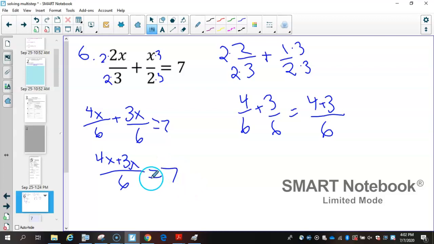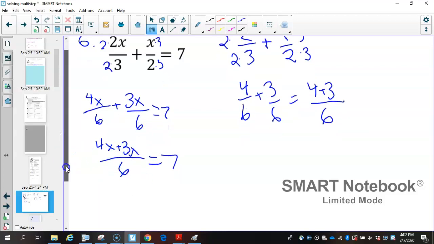Now, these aren't really in the rules because we didn't distribute anything, but we can combine these like terms because they are on the same side. They both have an x, so I can add them together to become 7x.